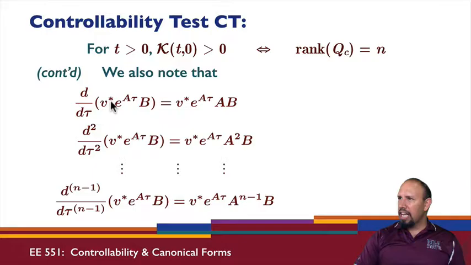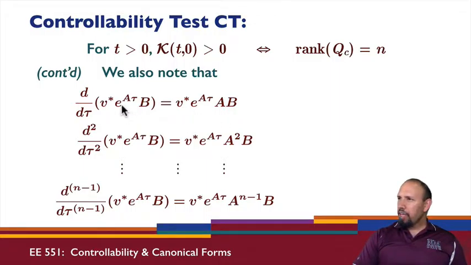The B and the v adjoint do not depend upon tau. And so the derivative of e to the A tau is e to the A tau times A. Remember, e to the A tau and A commute, so I can put it either way. I'm going to put it this way for a particular reason.